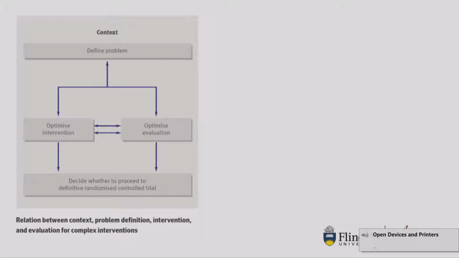You consider the context, you start by defining what is the problem you're trying to fix, and then you go into optimizing the intervention and optimizing the evaluation, and they are related because effectively your evaluation needs to reflect on what it is that is the core active ingredient of the intervention. And once you've optimized that process, then you can proceed to a more robust randomized controlled trial.